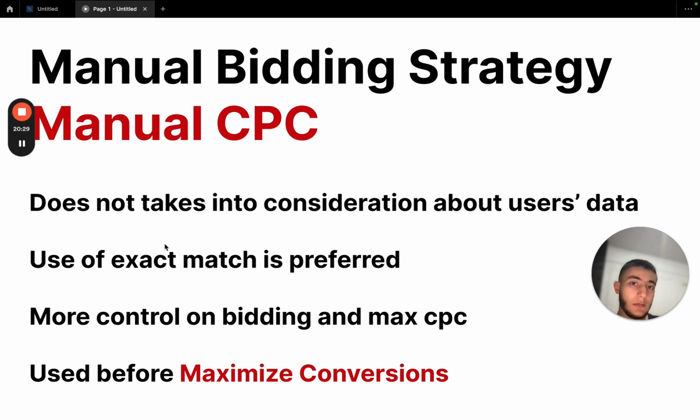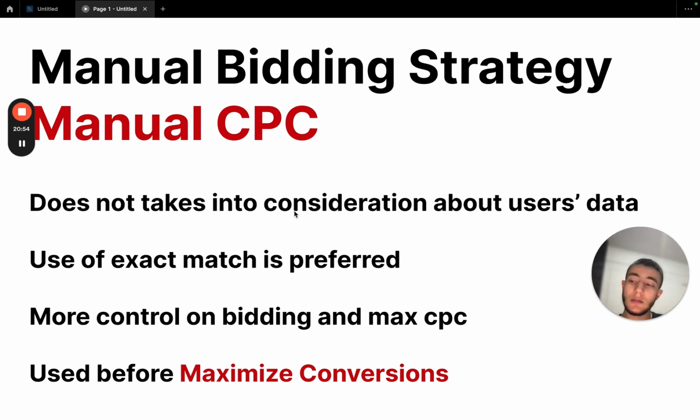You can set your maximum CPC or you can raise and lower it, and based on that, you're going to have maybe more clicks, maybe fewer clicks. But just look at the click-through rate. Look at how many impressions you're losing based on rank.